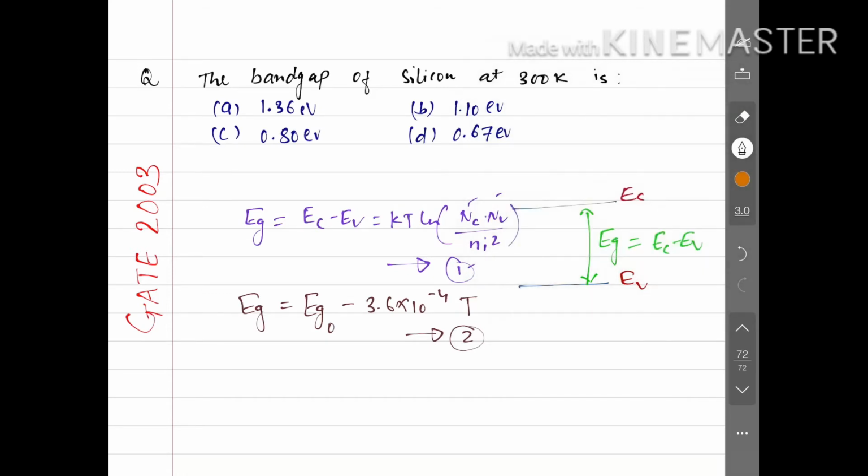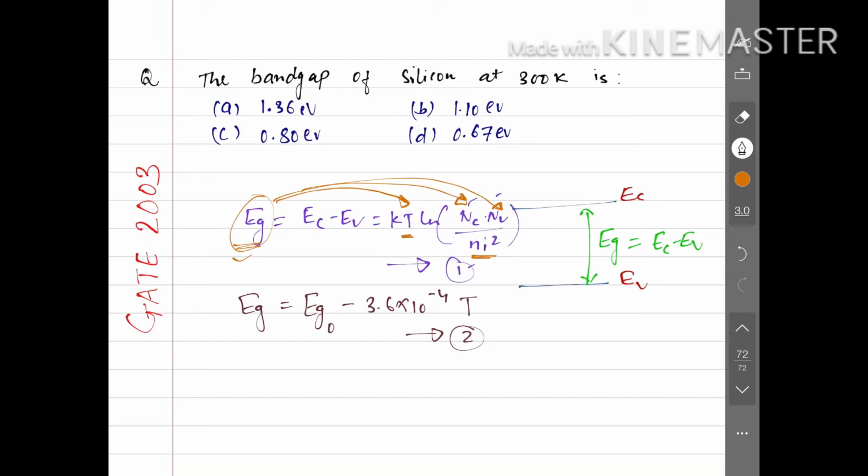In equation 1 you can see that band gap Eg is directly proportional to temperature and to the charge densities, and inversely proportional to Ni squared. So from this equation you could say the band gap is directly proportional to temperature. But this is not true. Why?